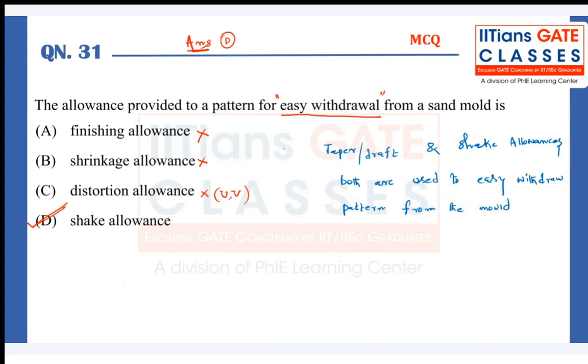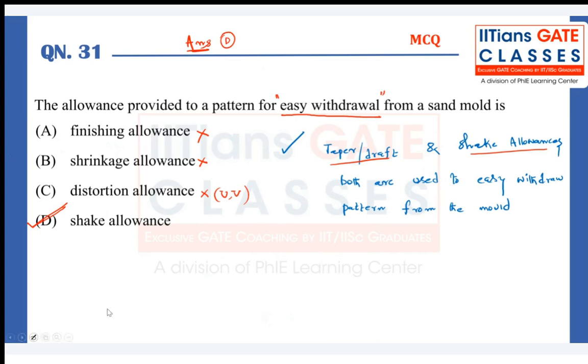So this is the statement, but here both are there. Two allowances we can use: one is taper or draft, and another one is shake allowance. But here taper is not mentioned. That is why your answer is shake allowances, right, guys?